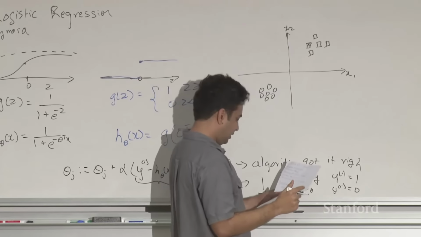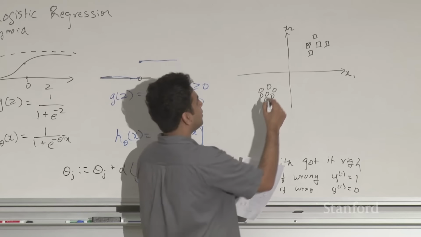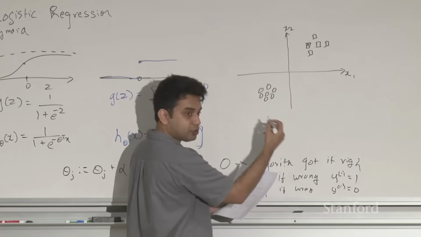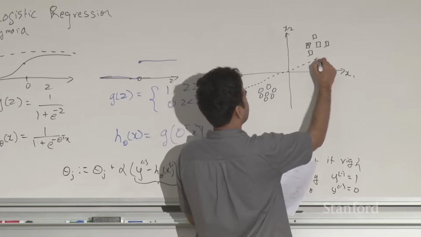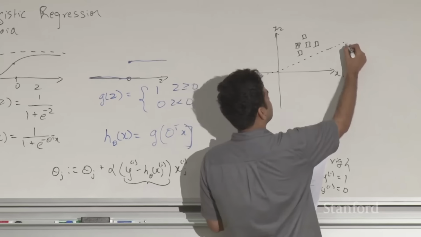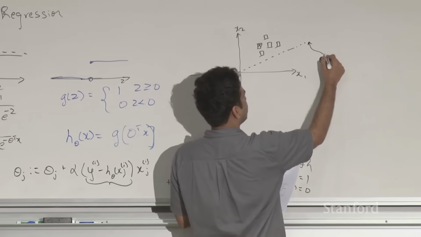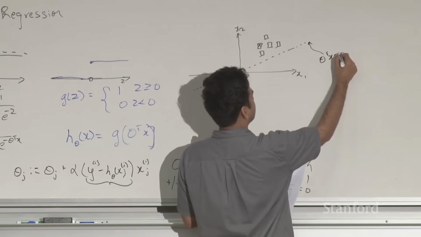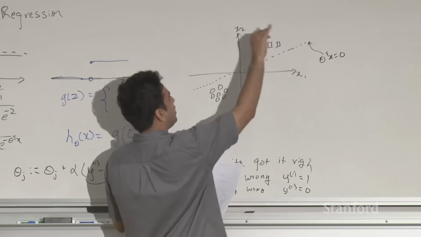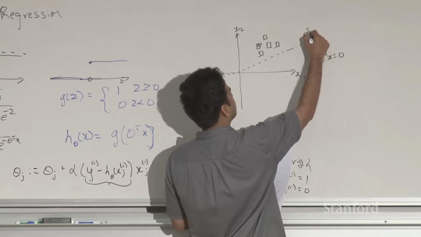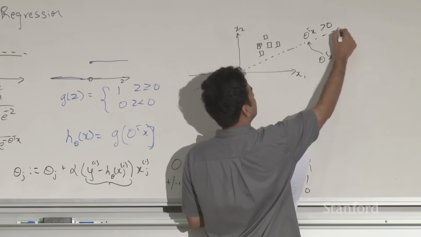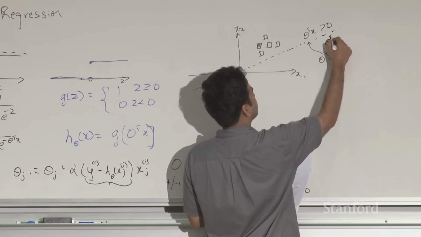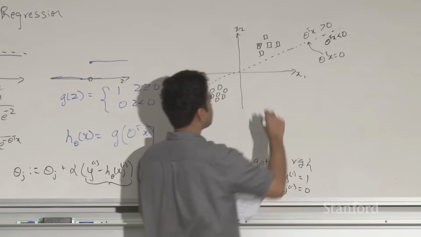Imagine that what the algorithm has learned so far is a theta that represents this decision boundary. So this represents theta transpose x equals 0, and anything above is theta transpose x greater than 0, and anything below is theta transpose x less than 0.